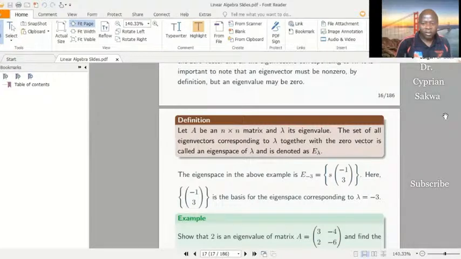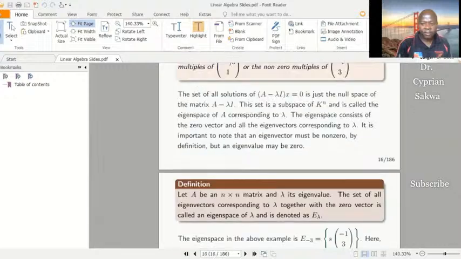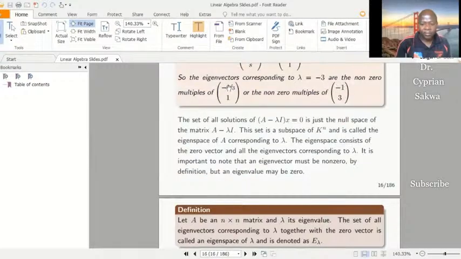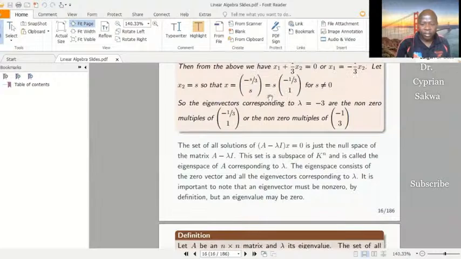From the previous example, what did we find as the eigenvector? This was the eigenvector, and multiples of this.